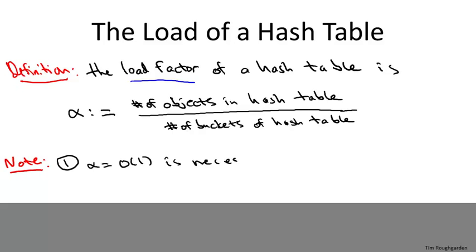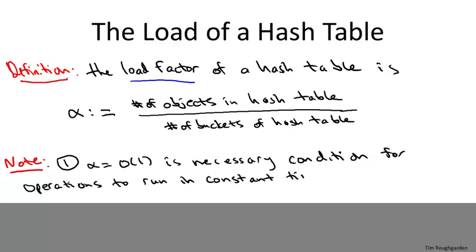So for a hash table with open addressing, this is really obvious because you need alpha not just O of 1, but less than 1, less than 100% full. Otherwise, the hash table is just going to crash because you don't even have room for all of the items. But even for hash tables that you implement using chaining, where they at least make sense for load factors which are bigger than 1, you better keep the load not too much bigger than 1 if you want to have constant time operations, right?